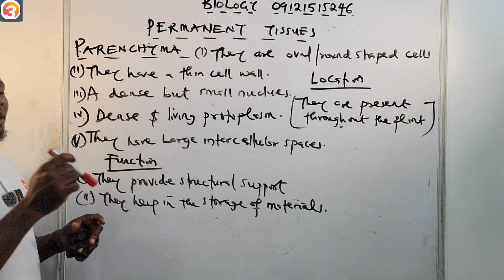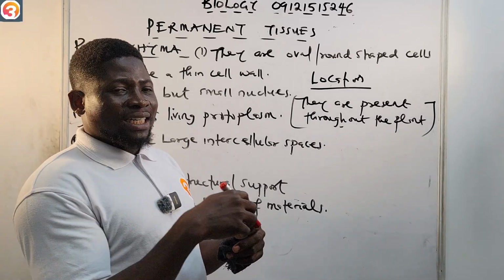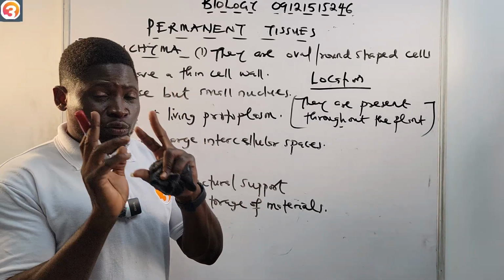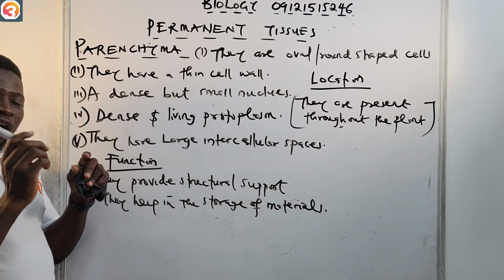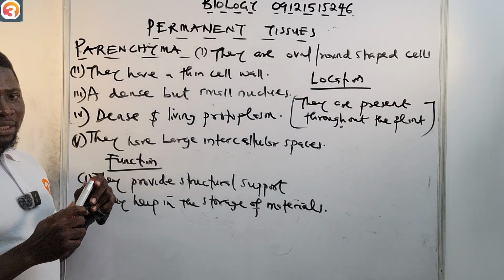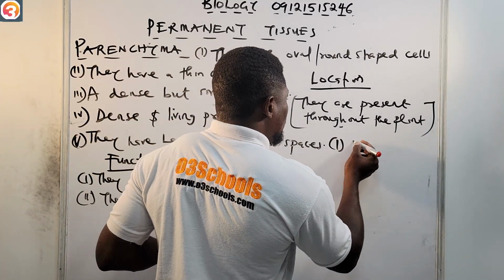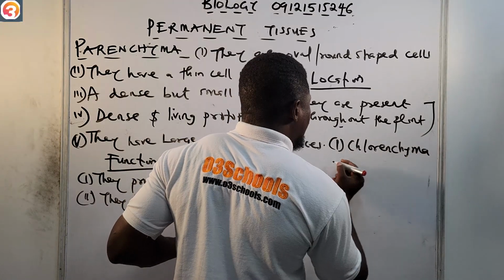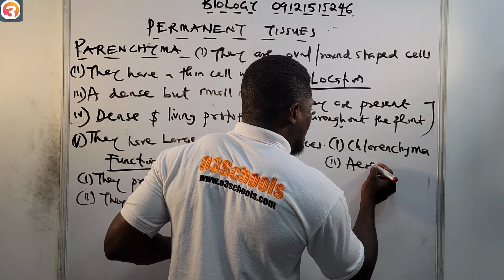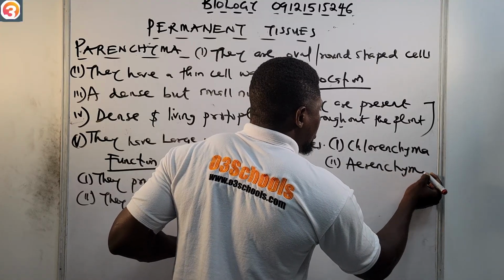But what is left for us now is to note that parenchyma tissues are of two categories. Parenchyma tissues are of two categories. Number one, we have the Collenchyma, and then number two, we have the Parenchyma.